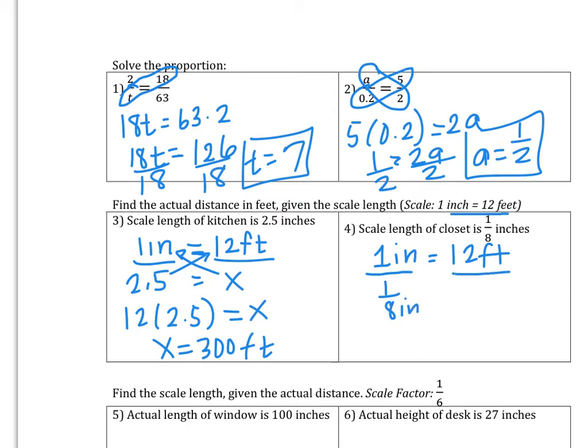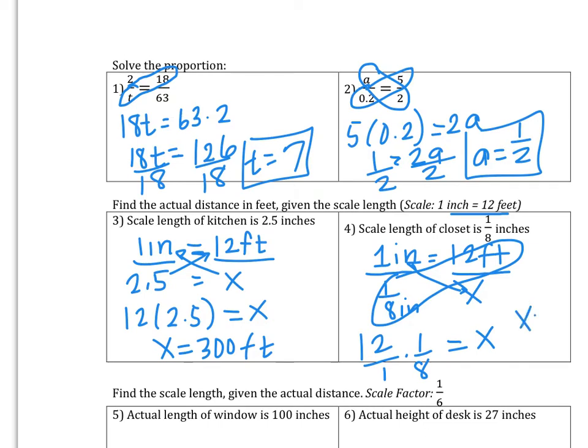And we're comparing that to the real amount, which is what we're trying to solve for. Cross multiply. And we have 12 over 1 times 1 over 8. And that's going to be equal to x. So our final answer is x equals 1 1/2 feet.